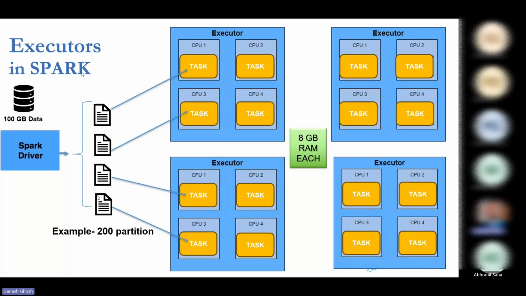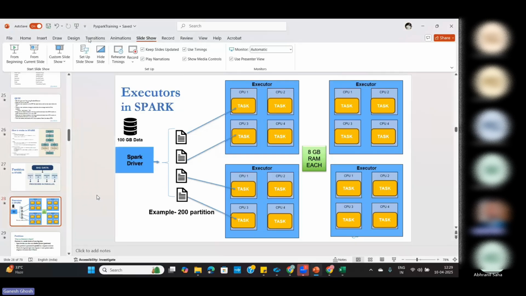Now suppose the first executor completes its 4 tasks, then another 4 tasks will get assigned to that executor. Likewise, all 200 tasks will get completed. This is basically the process. Someone can get confused here that four tasks are pointed to the four cores in an executor. That doesn't mean that only four tasks will get assigned to the four executors.